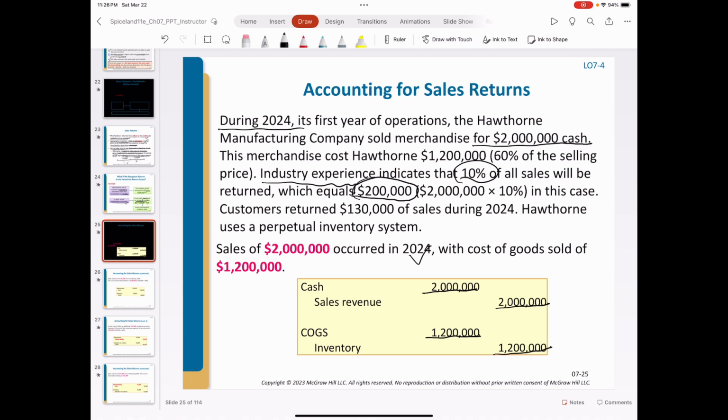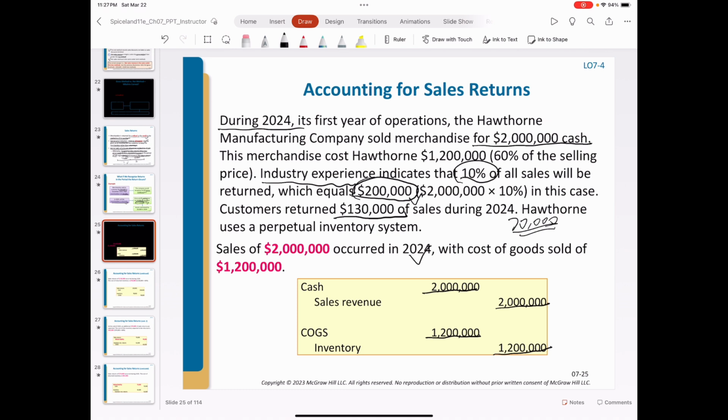In this case, it equals $200,000. Some returns may happen in 2024. For example, if $130,000 of sales was returned, based on this estimation, there are still expected $70,000 of sales to be returned in the following year.